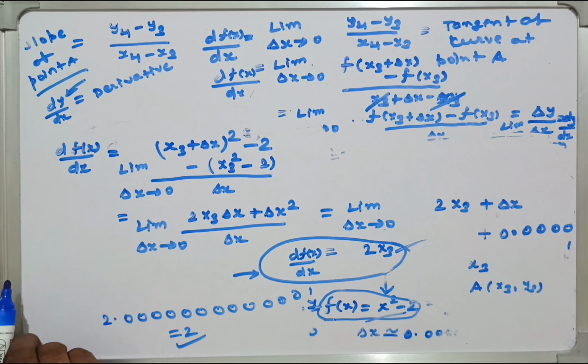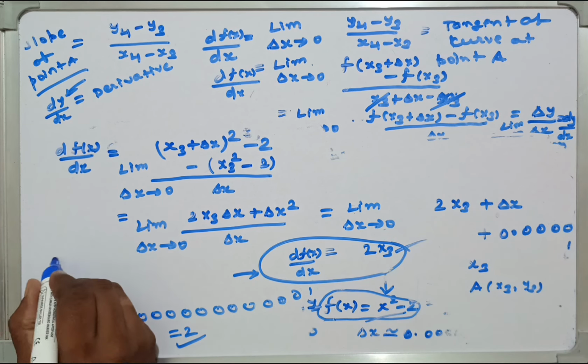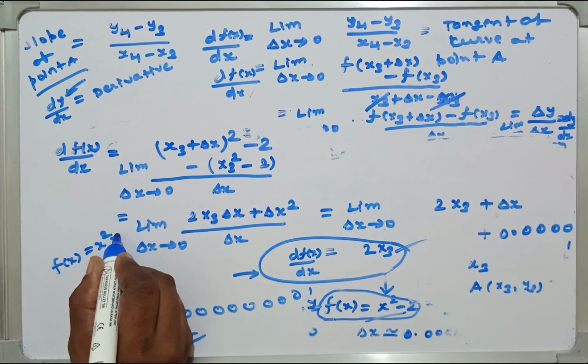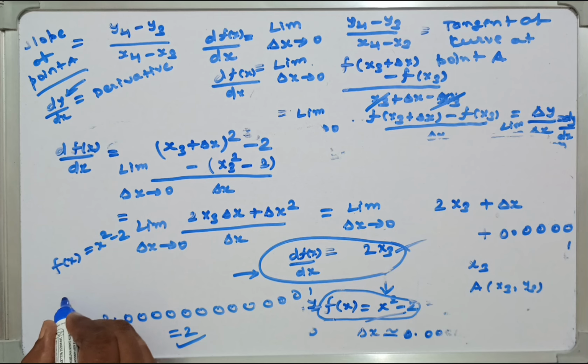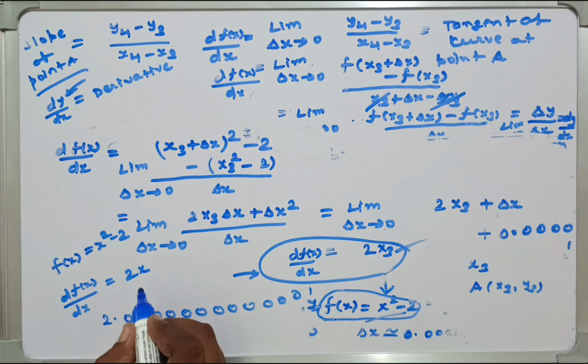So in the general case, suppose our equation f(x) equals x squared minus 2, so df(x)/dx equals 2x.